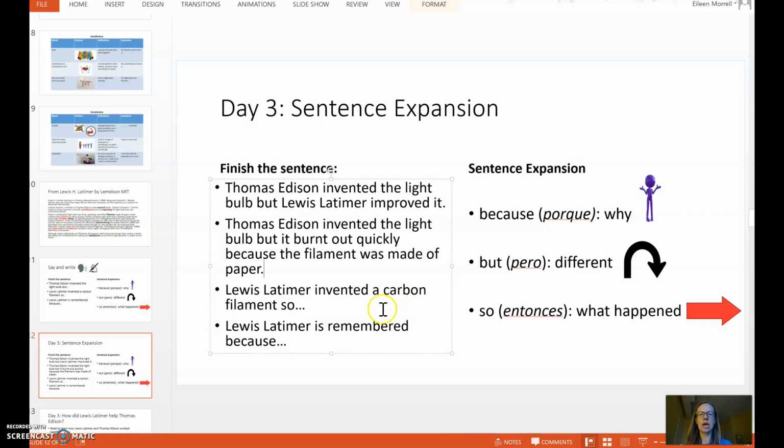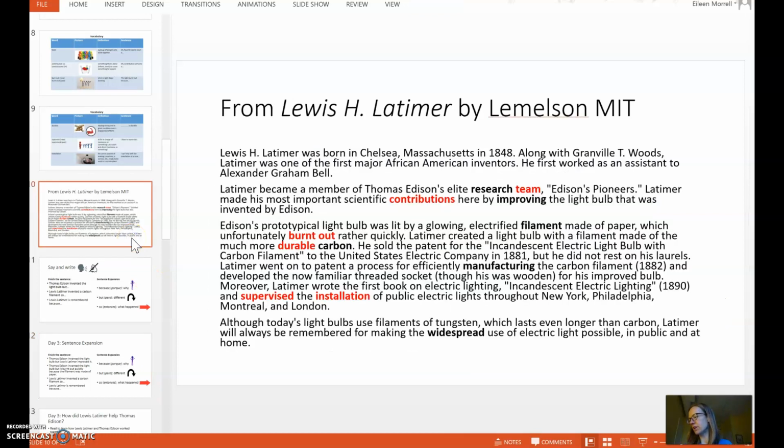Latimer invented a carbon filament, so, is going to tell what happened. Let's see what happened after he invented this carbon filament. Latimer created a light bulb with a filament made of the much more durable carbon.